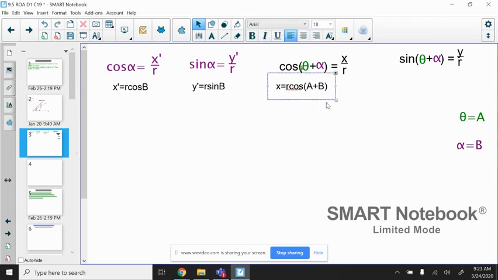Therefore, x is equal to r, and I am going to use a big set of parentheses. If I remember this identity correctly, the cosine of the sum of two angles is the cosine of the first angle times the cosine of the second angle minus the sine of the first angle times the sine of the second angle.